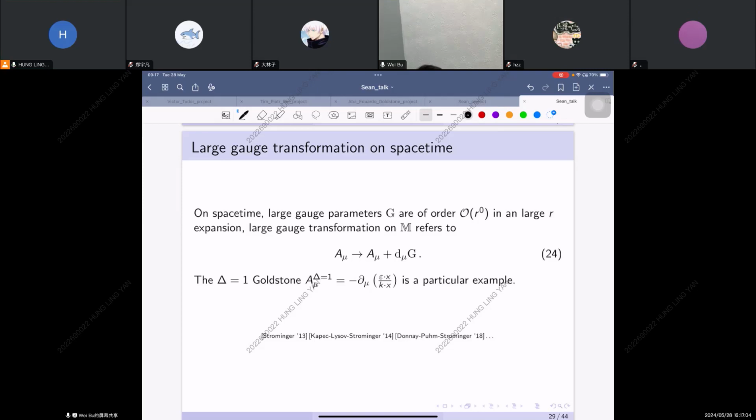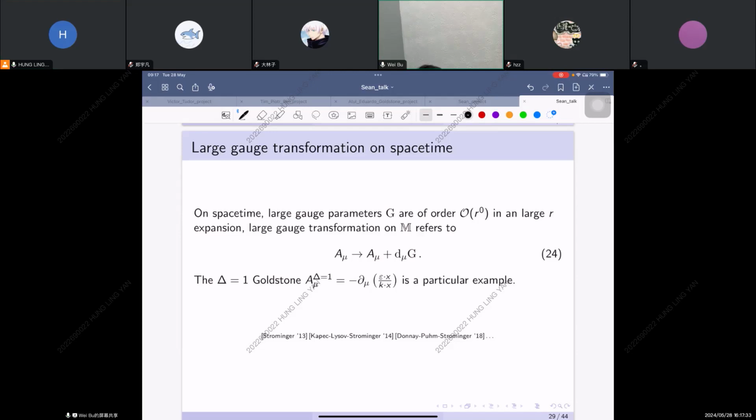Because you started with the Lorentz invariant theory, then you end up with the conformal invariant theory. Okay. And then one other thing that I also didn't quite get is, the bulk theory, I'm working in a semi-classical limit, right? Yeah. But then the CFT is fully quantum.